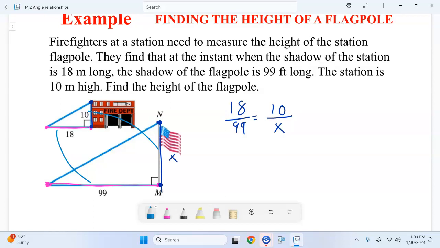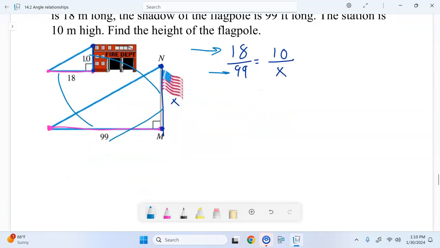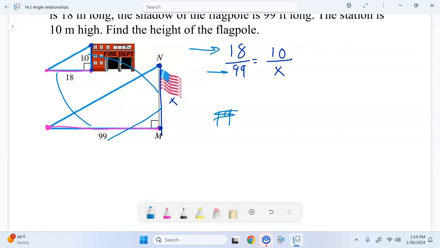Bigger triangle is on the same side of the fraction, and then small side again. So 18 and 10, those are on the same side. They're both the numerator. 99 and X, those are both the denominator. You can flip that ratio if you want, but it still has to match up. You could also write this as 99 over 18 as long as you write it as X over 10. Either one's fine. Doesn't matter.